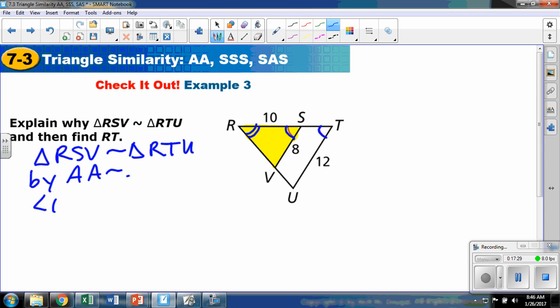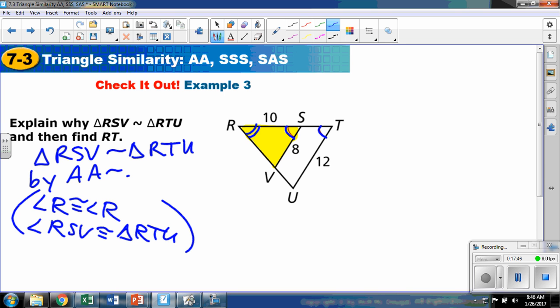Angle R is congruent to angle R. Angle RSV is congruent to angle RTU. Okay, there are my two angles showing that angle-angle similarity works. Now that we know that they are similar, we can combine our work using the similarity with our work from previously.